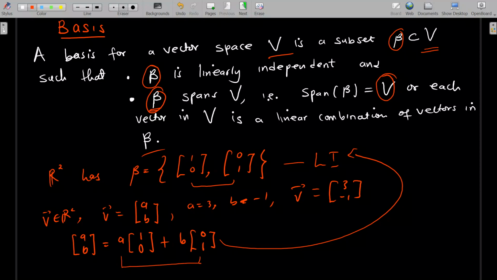So it means that the span of beta actually gives R2, and then we talked about the span. The span is what we mean by the set of all linear combinations you can get from these vectors you have here. And the set of all linear combinations you can get for this set will produce all vectors in R2. I don't know if this makes sense. So it means that the basis for R2 in this particular example is actually this set, right?